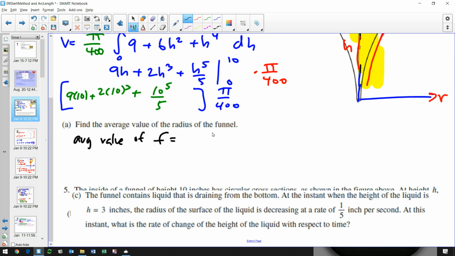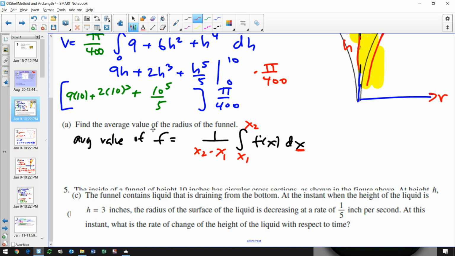I think it's on the back of the first page, but I'm not 100% sure. 1 over b minus a times the integral from a to b of f of x dx, okay? And technically, does yours say a to b or does yours say x and 1? It says a to b? Okay, well, technically, if this is an x, then these would be all x's, if that makes any sense, right? If this were y, these would be all y's, okay?